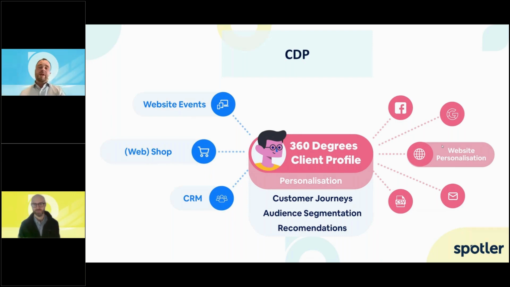But you can also connect external databases, for example, your ESP, that already identified a lot of clients, to make that connection and that match rate a little bit higher. They collect this data and create a 360-degree client profile, which gives all the information on the behavior and the preferences of this client.